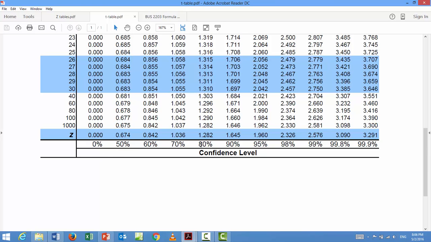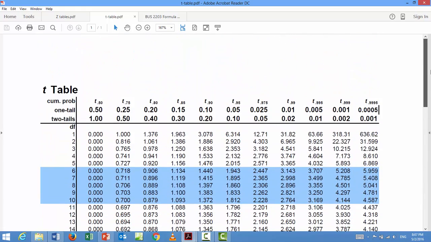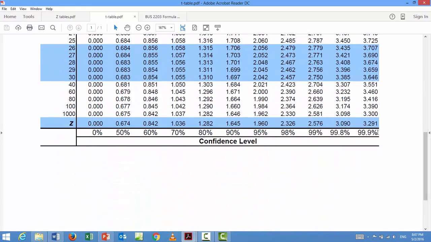The problem will give you the confidence level, or it might give you the error level, and as I talked to you about in class, the error level plus the confidence level equals 100%. So if we had an error level of 2%, our confidence level would be 98%. If we know the population standard deviation, all we need to do using this table, which you will have on the final exam, is find the confidence level here at the bottom.